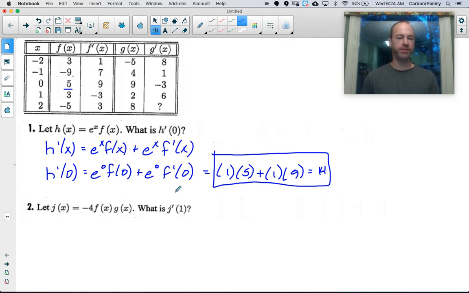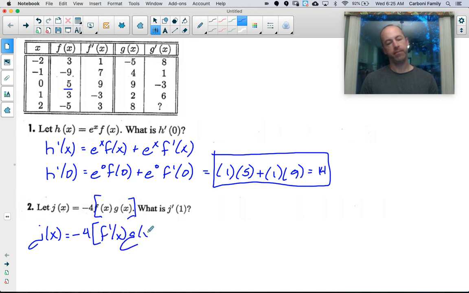So here we have j prime of 1, same type thing. I would not let the negative 4 bother you. I'm going to ignore the negative 4 and do the derivative of f times g, which would just be your very definition of the product rule. So negative 4, and the derivative of f times g is f prime g plus f g prime.